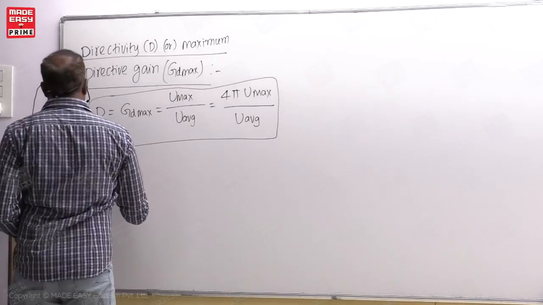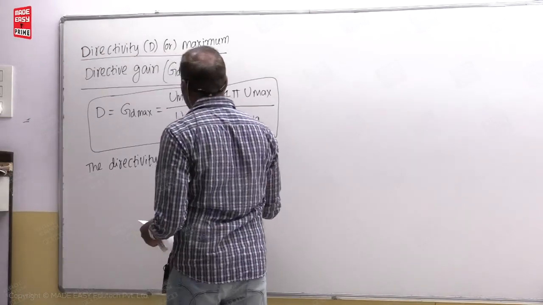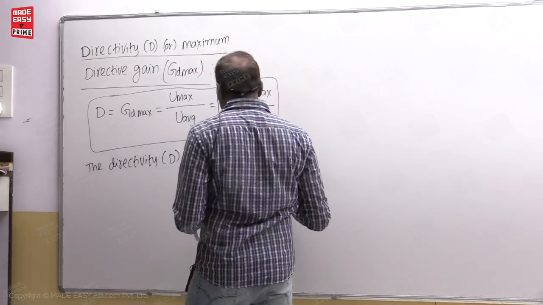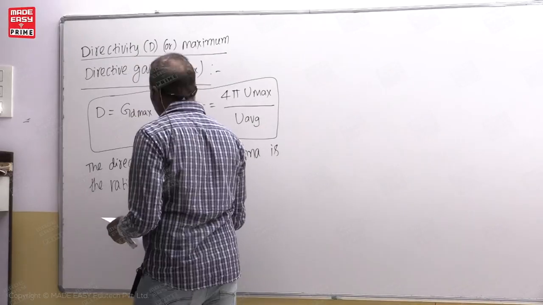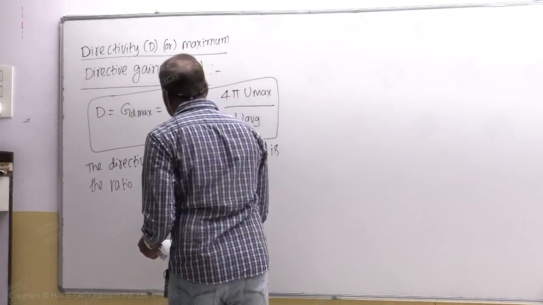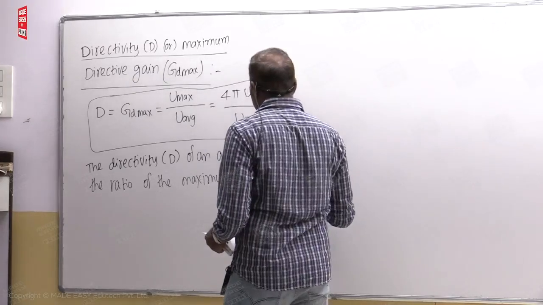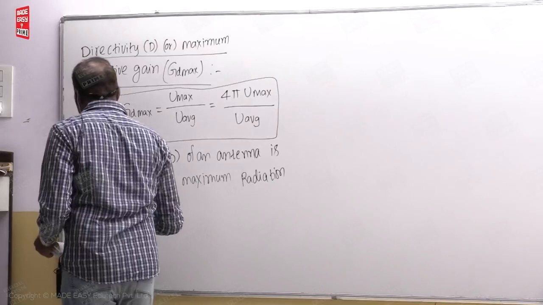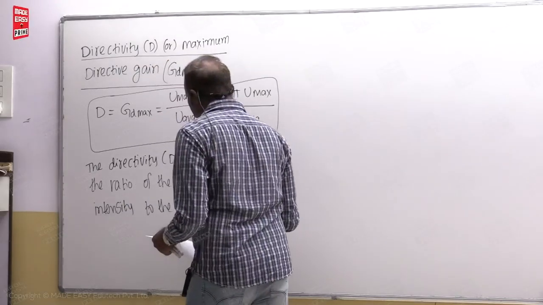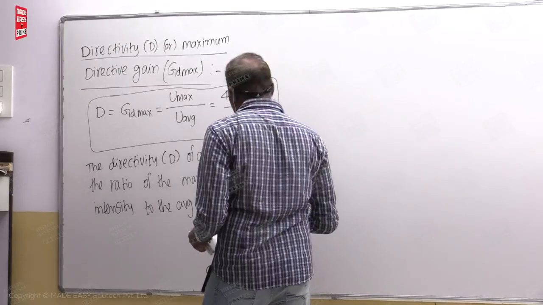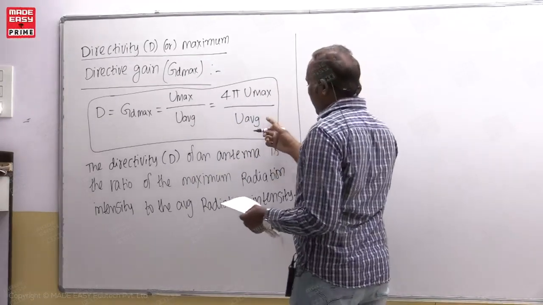The directivity D of an antenna is the ratio of the maximum radiation intensity to the average radiation intensity. Okay, and one more formula is there for this directivity.